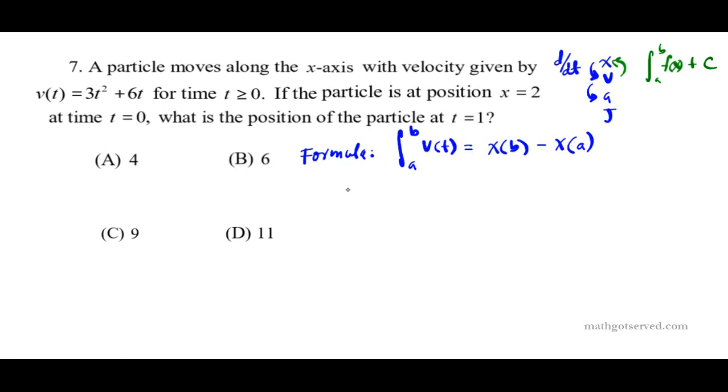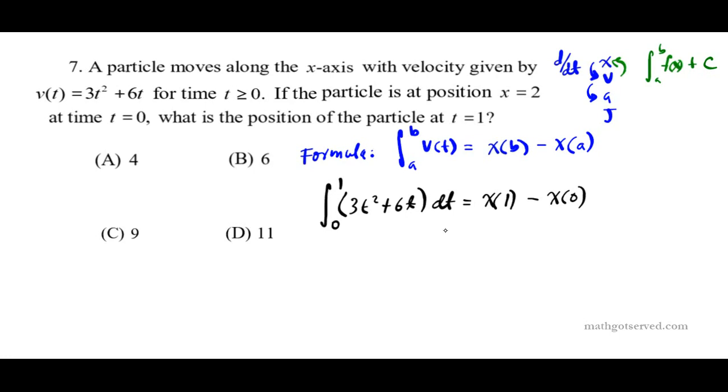All right, so let's go ahead and apply the formula. We're going to find the integral from 0 to 1 of the velocity function, 3t squared plus 6t dt. That is basically the change in position, so the final position is going to be x of 1 minus the position at t equals 0, x of 0.